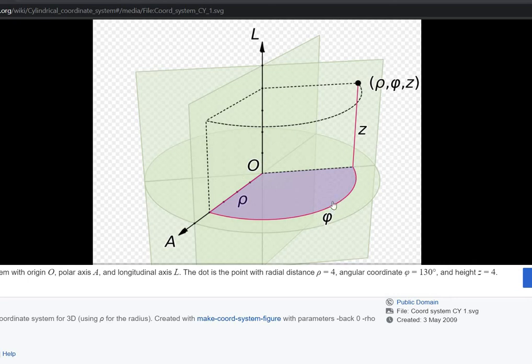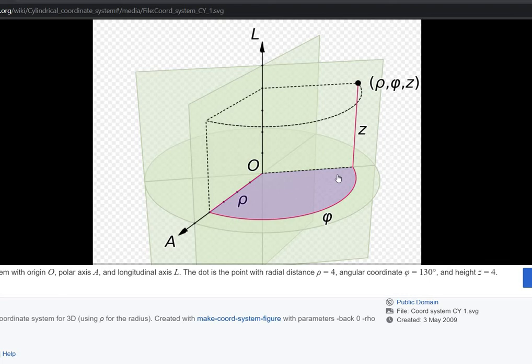At this xy plane, find its polar coordinate, r, theta, or rho, phi. Rho means its radius. Phi is an angle, and this point is in the xy plane. How can you find out these polar coordinates?